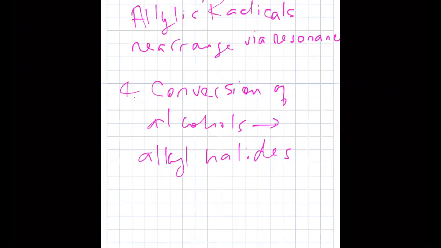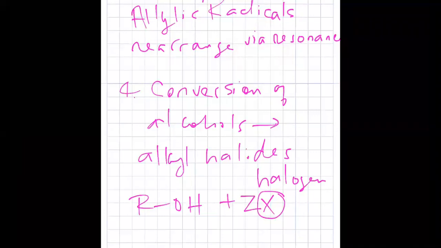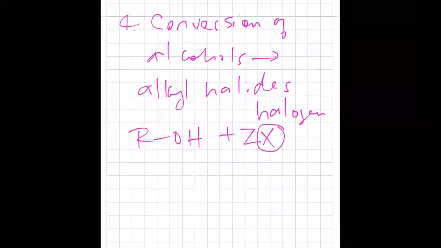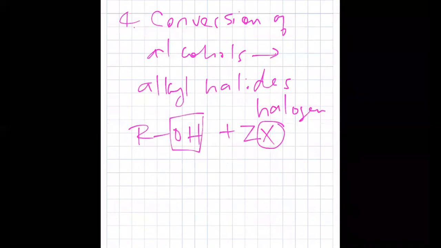So you'll see this abbreviated as ROH plus, I always like to say ZX, where X is my halogen. And then that's gonna basically substitute the OH with the X.